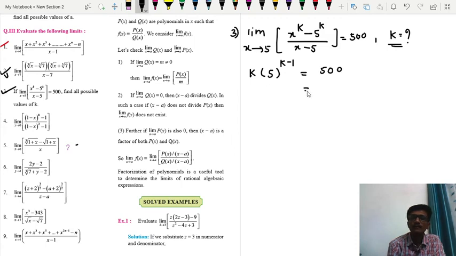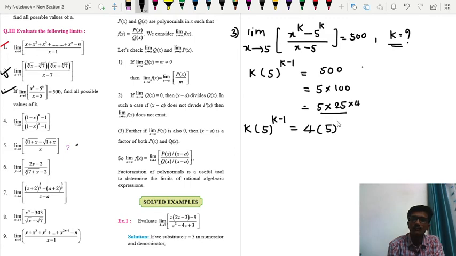Now this 500 we will write as 5 into 100, so it is equal to 5 into 25 into 4, which we can write as k into 5 raised to power k minus 1 equal to 4 into 5 cube.